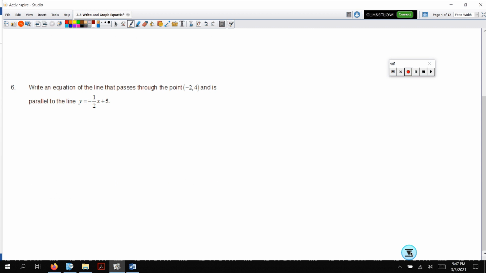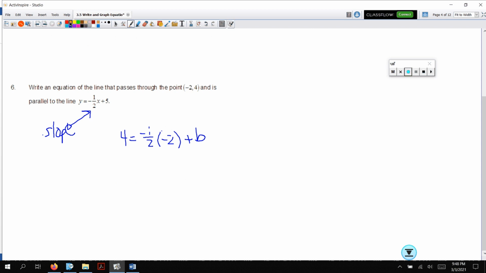Number 6. Write an equation of a line that passes through the point -2, 4 and is parallel to the given line. Here's my slope. I'm parallel, that means my slope is the same. So 4 equals -1/2 times -2 plus b.